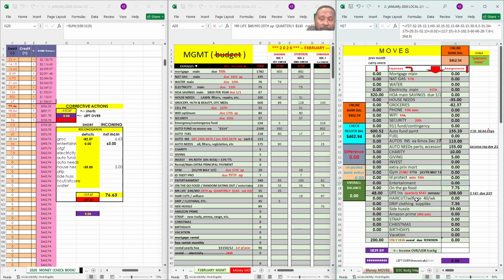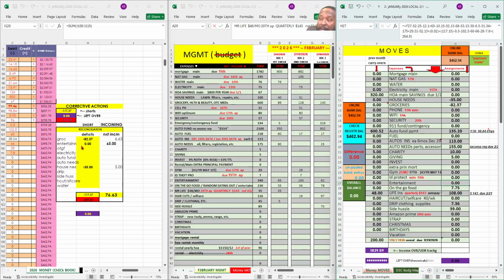So what did I do? I just moved money from my auto fund to my entertainment expenses. And that allowed me to go into the next month with a zero balance in entertainment.